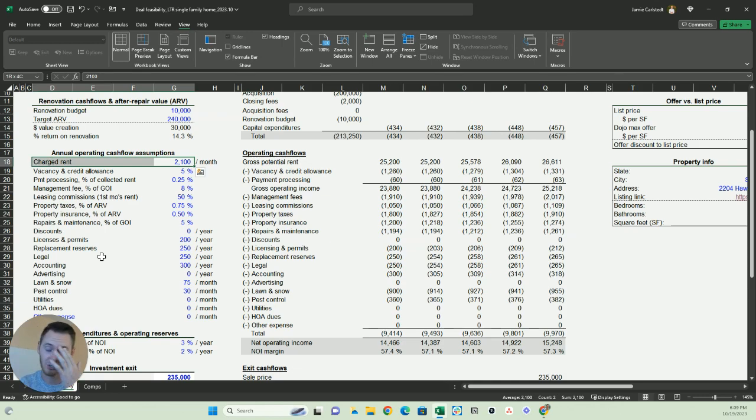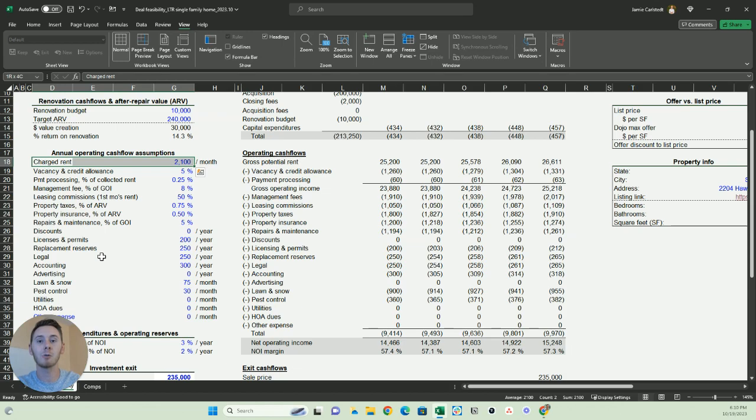So, I want to go back to rent here. If you were actually going through on the deal, let's say you get it under contract and you're going to proactively go through the due diligence period and really refine your numbers, the way that you would get a higher confidence interval on this charged rent and what you believe you can do for rent is to reach out to 2, 3, or 4 property managers in the area and ask them, what do you believe this property would rent for, given I'm going to be putting 10 grand in for X, Y, and Z. Then you're going to have 2 or 3 or 4 different inputs from local property managers who know the market very well.